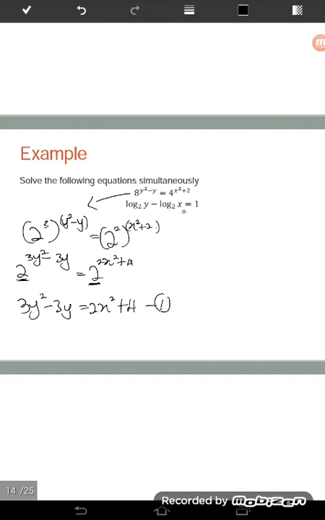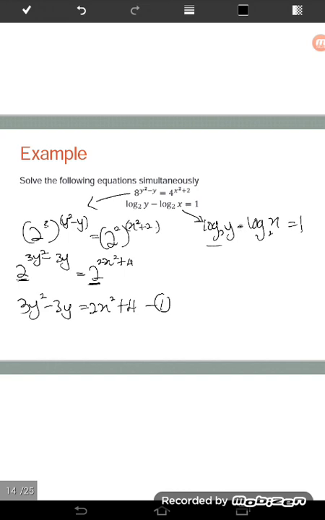For the second equation, we form it from this equation. So we have log 2y minus log x base 2, which is equal to 1. So here we have 2 log. Okay. So what we need to do now, we need to combine these 2 log become single log.